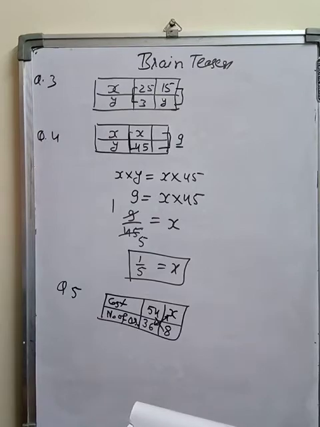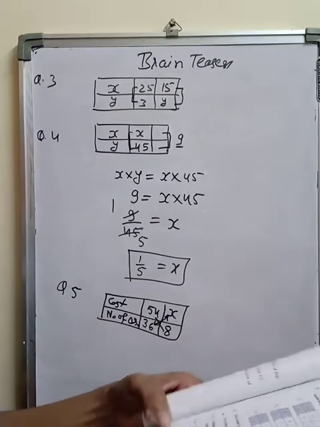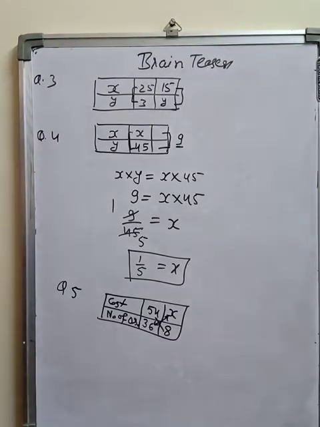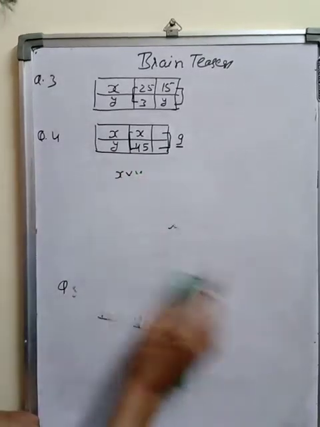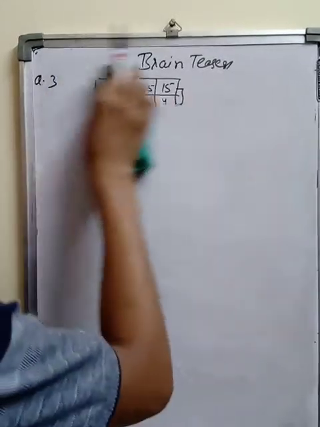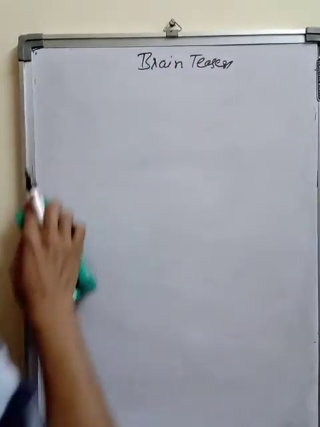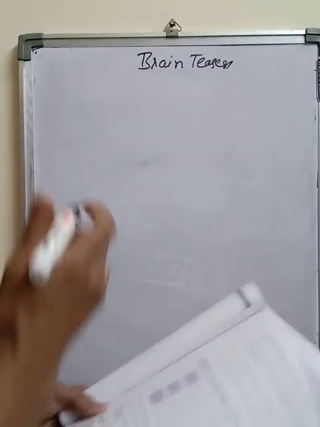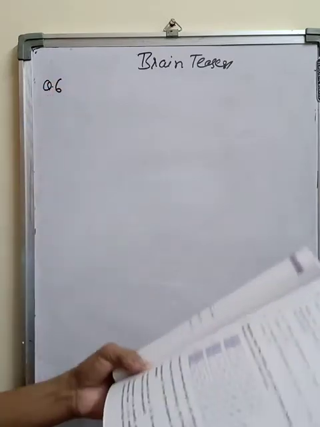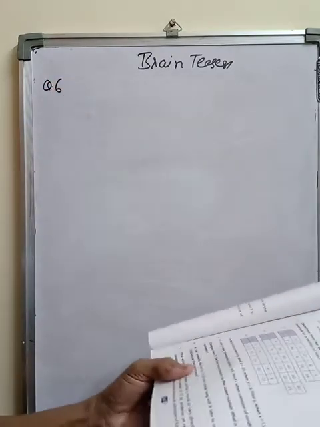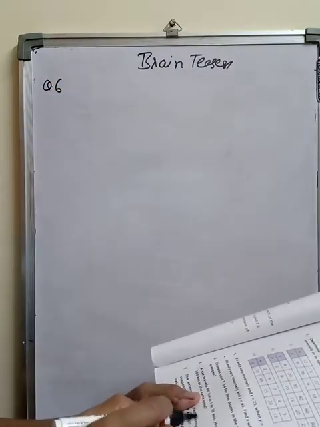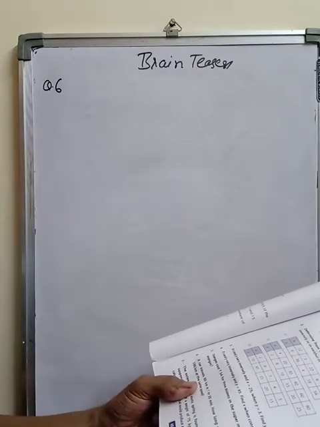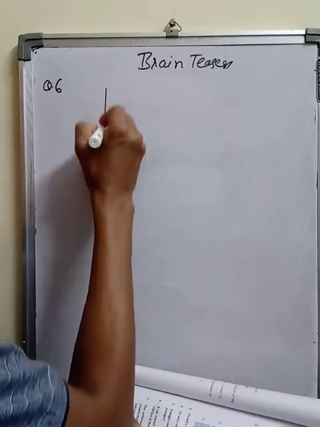Now question number 6. It is given a car travels 60 km in 1.5 hours. How long will it take to cover a distance of 100 km? So this is also very easy.